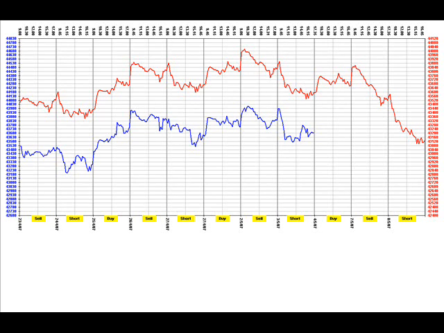Once I have this projection, I compare it with an indicator, a sort of relative strength index, which I have developed myself by using volumes.